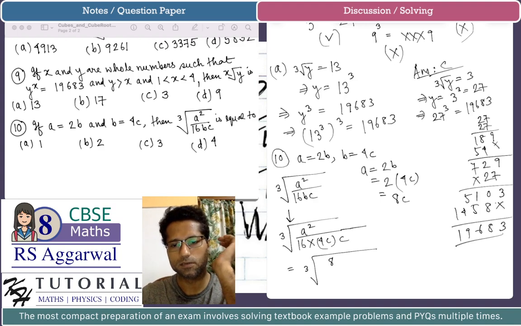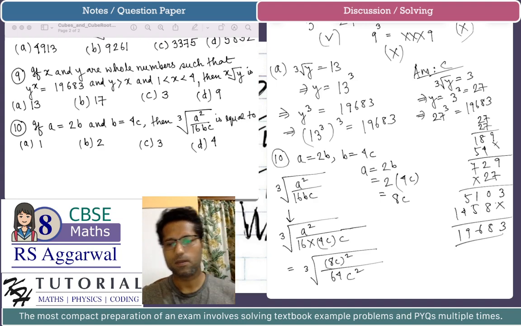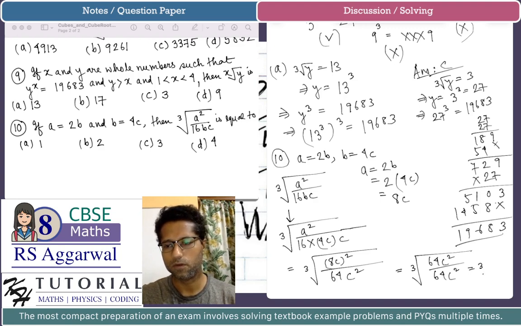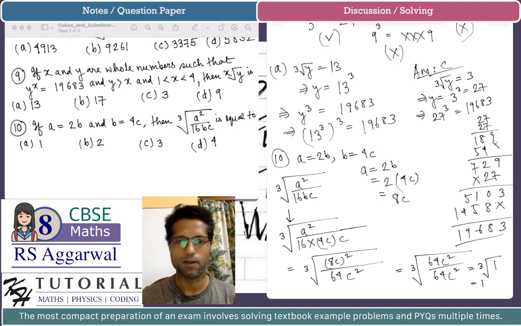So (8C) square divided by, in the denominator, 16 into 4C into C, which is 64C square. So this is equal to cube root of 64C square over 64C square, which is nothing but cube root of 1, which is equal to 1.